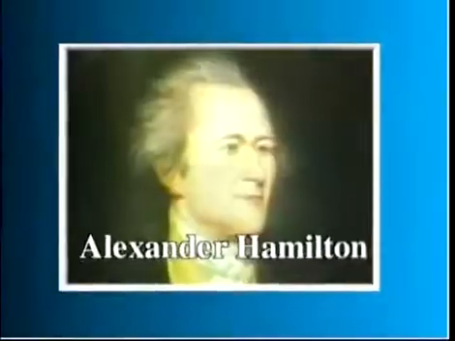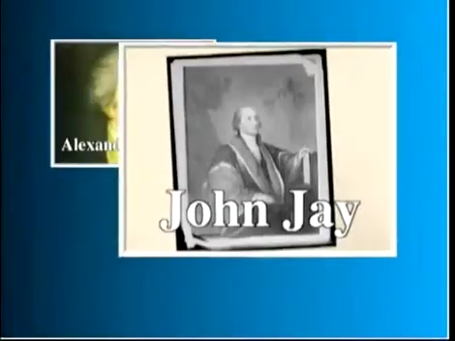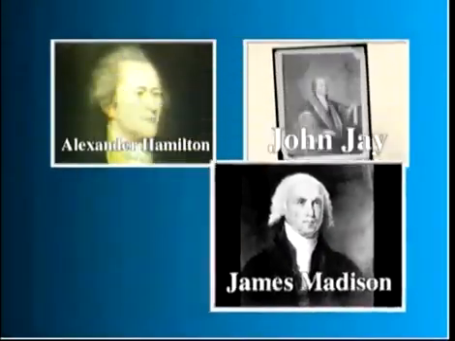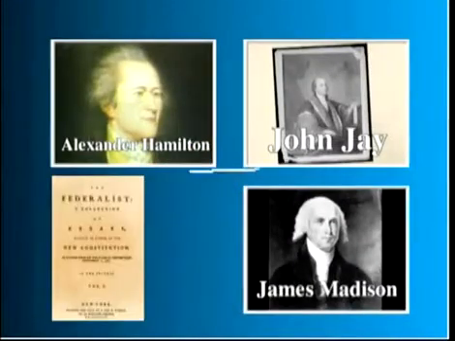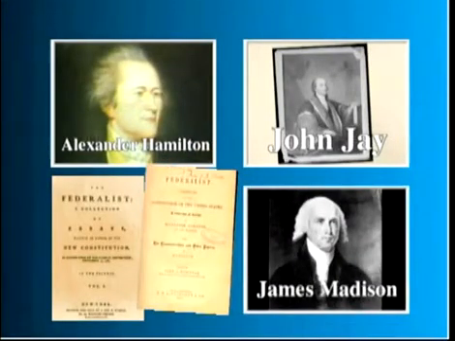To help convince New Yorkers to approve the Constitution, Alexander Hamilton, John Jay, and James Madison wrote essays entitled the Federalist Papers. In the 85 essays, they defended the need for a strong national government and discussed the weaknesses in the Articles of Confederation.